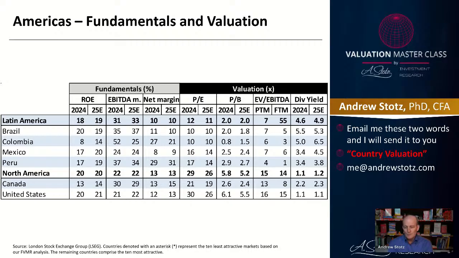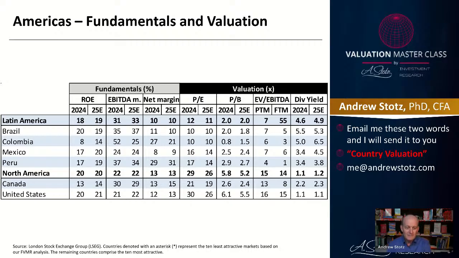Brazil, Colombia, Peru, Mexico, Canada, United States: relatively attractive countries. I'd like to focus on a couple of them. Brazil has a net margin of 10, trading on 10 times PE, price to book about 1.8, and paying an incredibly high 5.3% dividend yield.